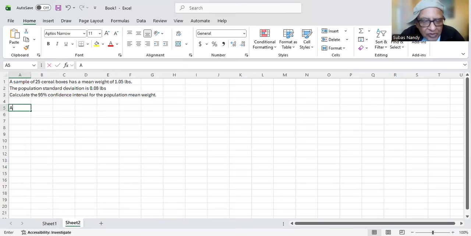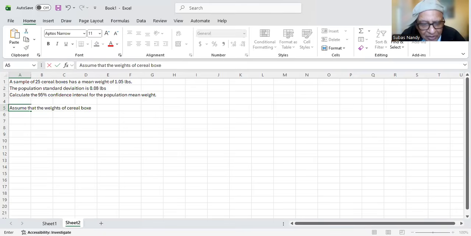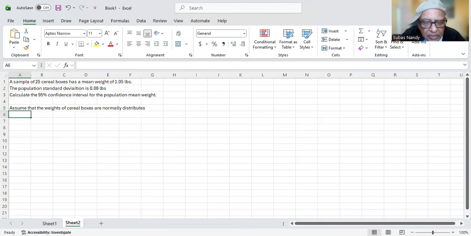Of course, first we will assume that the weights of cereal boxes are normally distributed. That is a bell-shaped curve. So the sample mean is given to us.